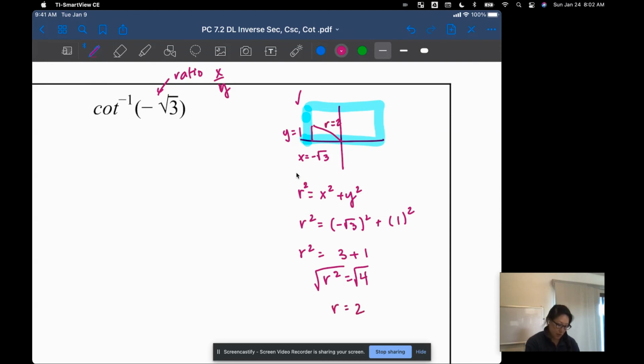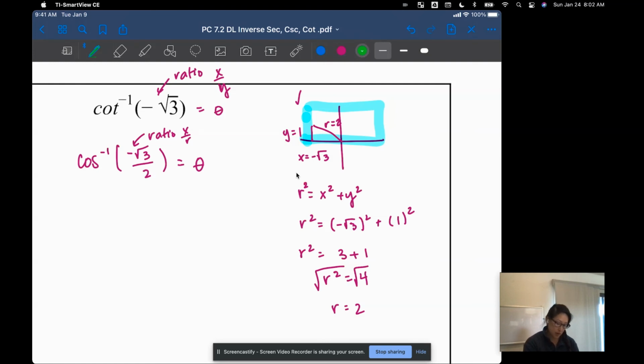Okay. So remember, we don't use the tangent inverse to solve for cotangent. We use the cosine inverse. So cosine inverse of, and the cosine ratio is made up of x over r. So I need to use the x length, which is negative root 3, over the r length, which is 2, equals theta. And I'm like, wait a second.